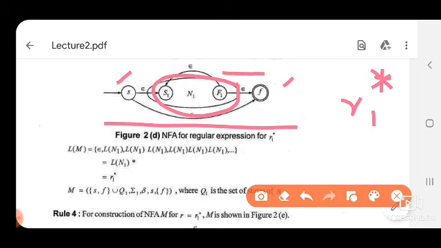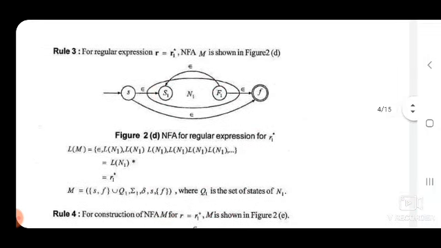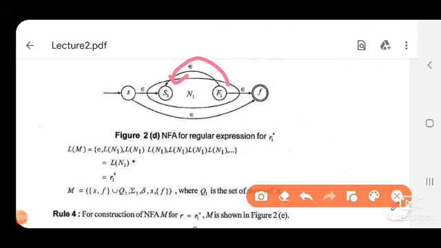And we have to repeat R1 any number of times. So we have used a null transition from F1 to S1, which means we can easily reach S1 from F1 by using a null transition.